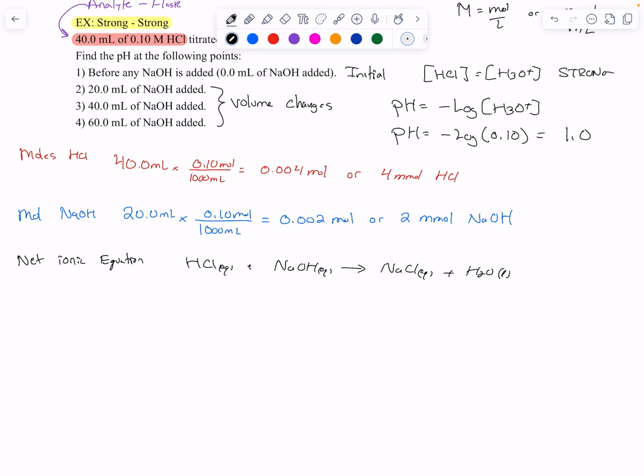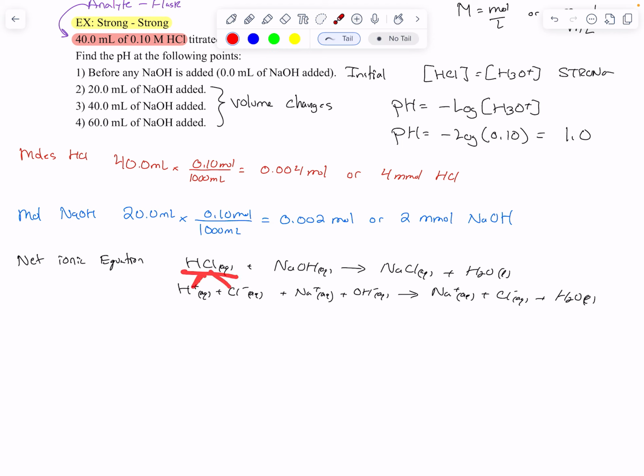If we were to do the detailed equation, we have H plus, Cl minus, Na plus, OH minus, Na plus, right? So all these so far are strong electrolytes. Strong acid splits apart.